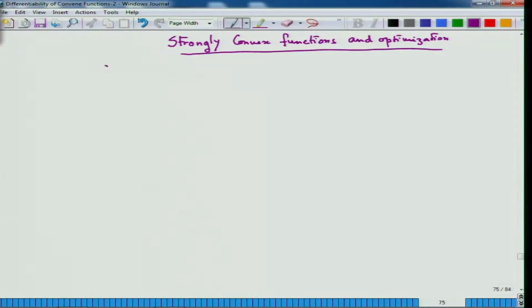If you have a function from Rn to R, a strongly convex function is one whose Hessian matrix has always got to be positive definite.